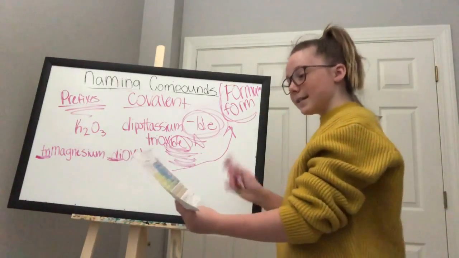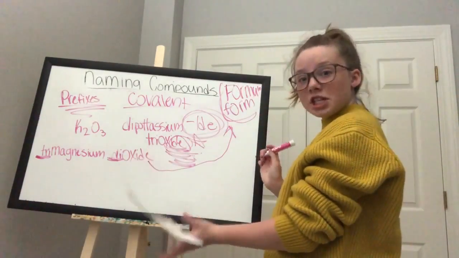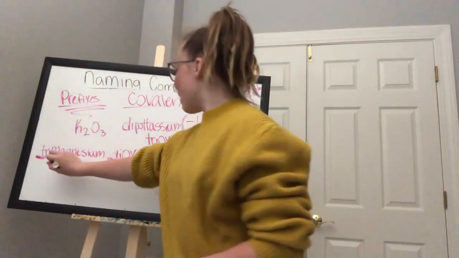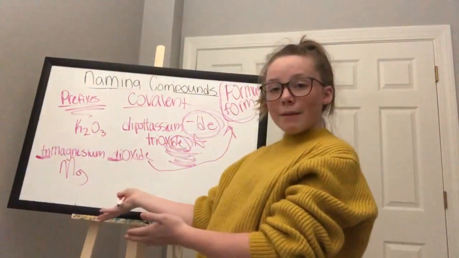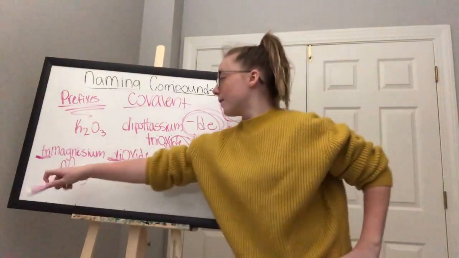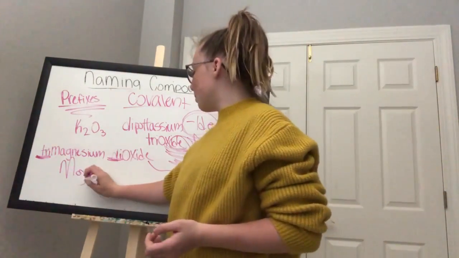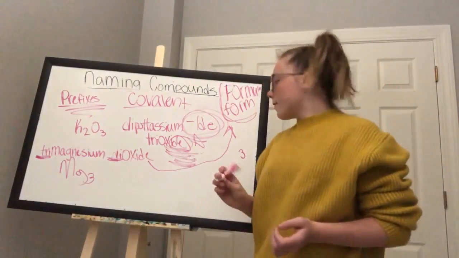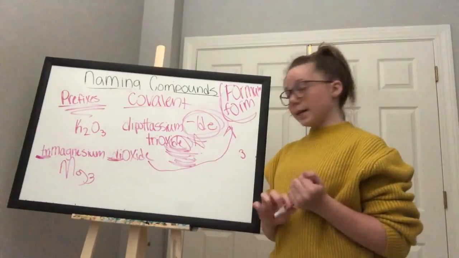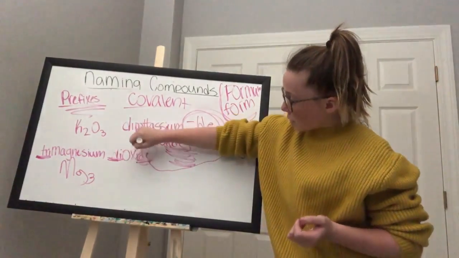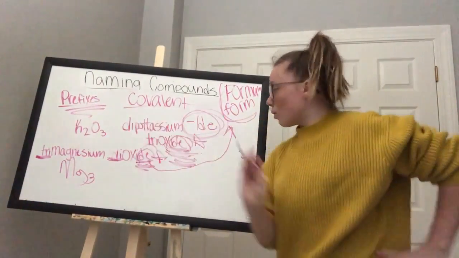So find magnesium, Mg, capital M, little g. Magnesium. And then look at its prefix. So then we're going to do a subscript 3. Then we're going to look at oxygen, dioxide, IDE. Underline it, circle it, star it, underline it some more.